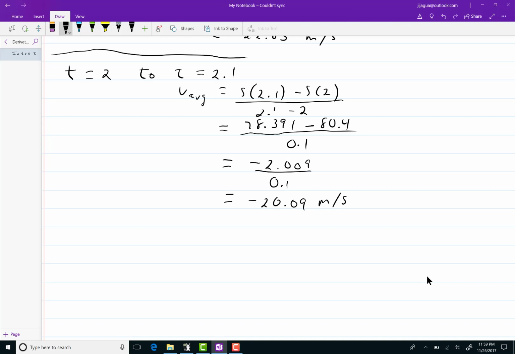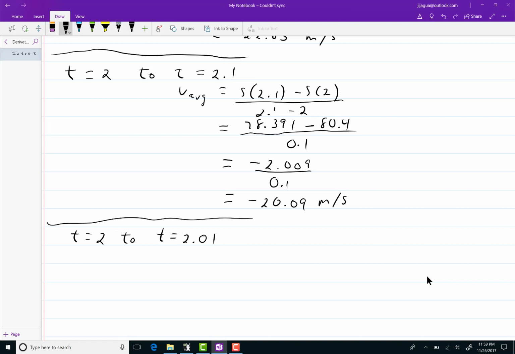So you see, as I decrease these intervals, next I'll go even smaller. I'll go from t equals 2 to 2.01. What I'm doing is getting closer and closer to the number 2.